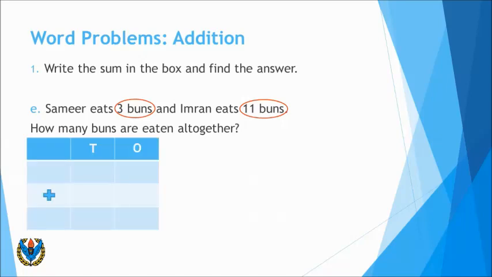Sameer ate 3 buns. So we will write 3 in ones column and Imran ate 11 buns. We will write the first one in tens column and the second one in ones column. Now we have to add these buns. 3 buns, 1, 2, 3.